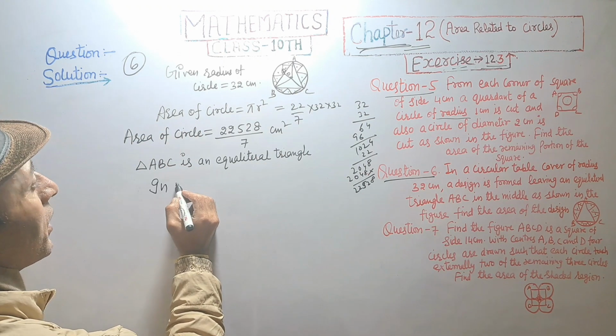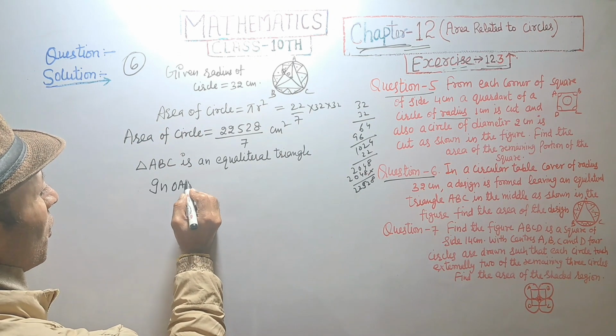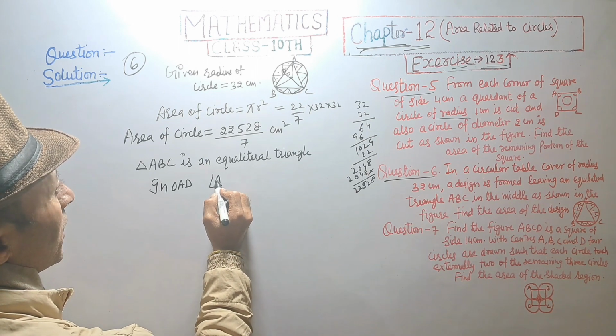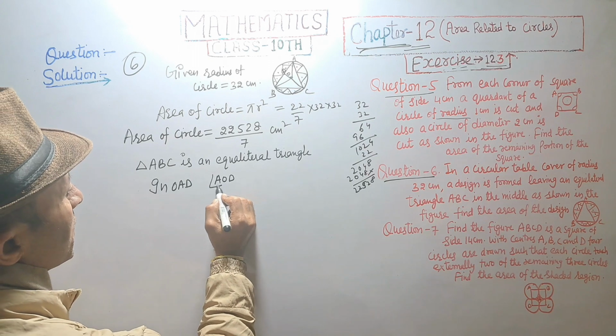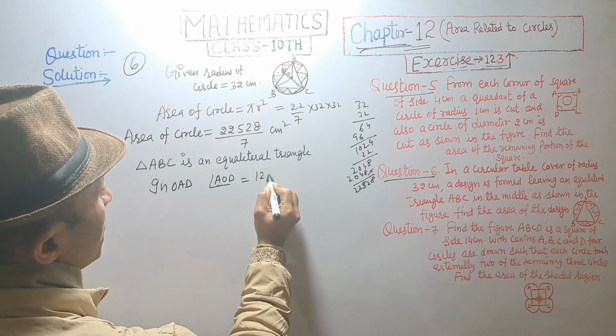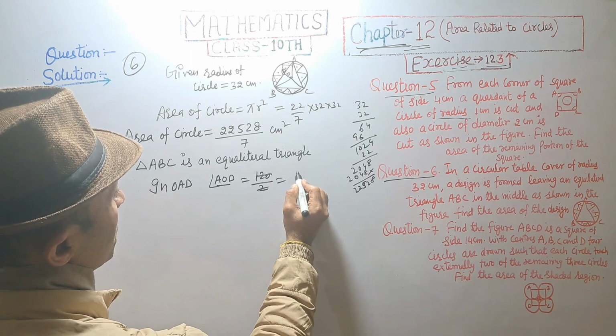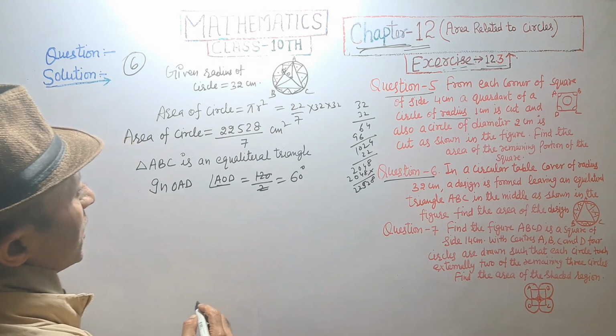In triangle OAD, angle AOD is equal to 120 divided by 2, that is equal to 60 degree.